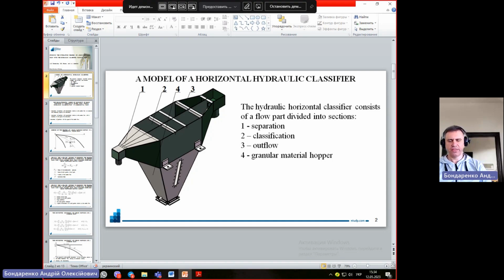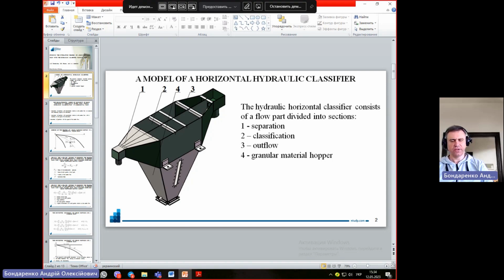It is known that the rational size for gravitational processing, for example, quartz particles, is between 0.15 and 5 millimeters. In this case, the separation range for horizontal classifiers can be considered the fineness of between 0.1 and 0.2 millimeters.